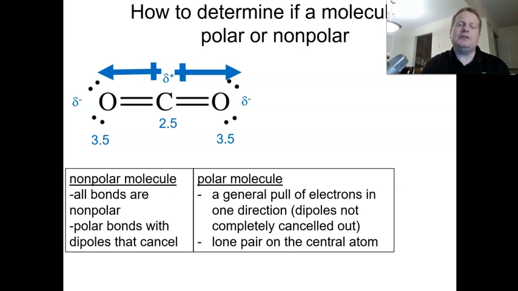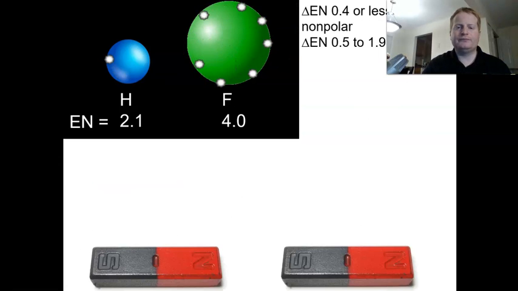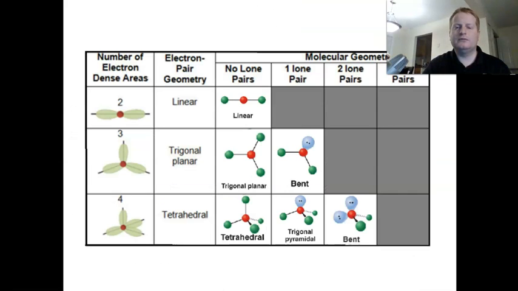Let's take a moment to then look at what we just saw in terms of our electron shapes. So if we go back over here to our shapes, CO2 was linear, right? So it's safe to say that if you have a linear molecular geometry, in which case both of the bonding atoms are the same type of atom, same electronegativity, that's going to be nonpolar essentially, because you've got equal and opposite pull, right?